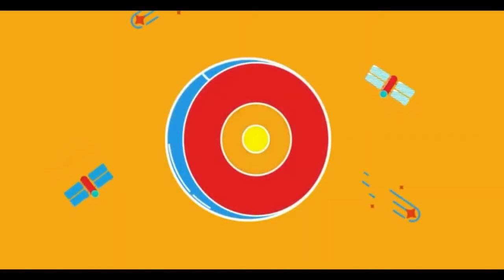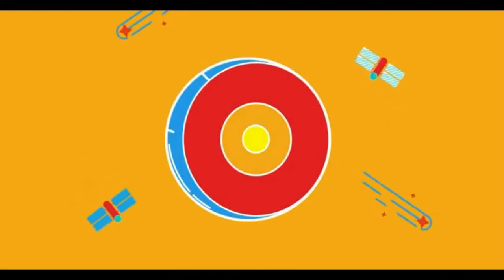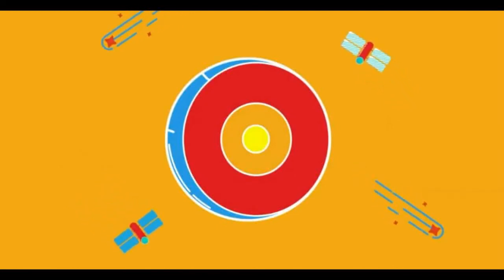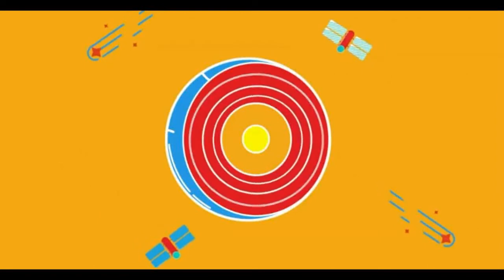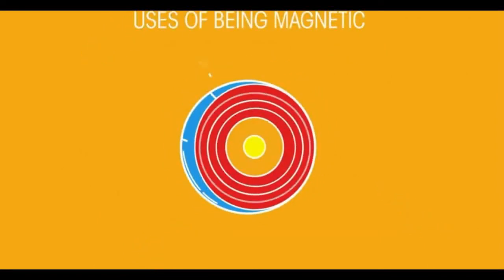Inside the earth there are minerals like iron, nickel, cobalt, etc., which are in the molten state, and with the rotation of the earth about its axis, this molten core also rotates. This is the diagram shown here.